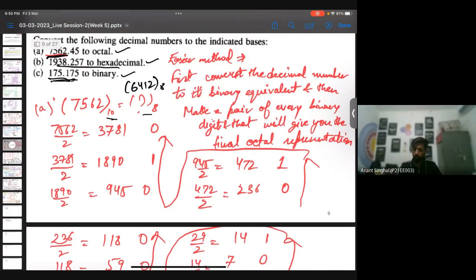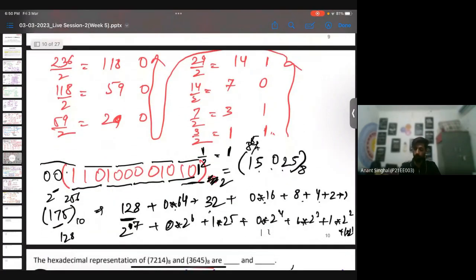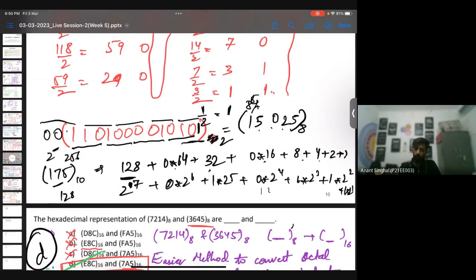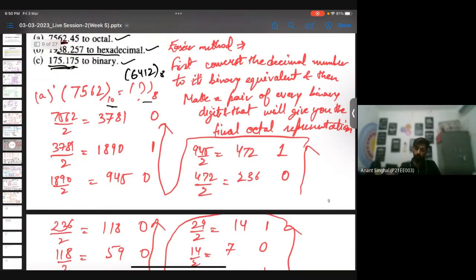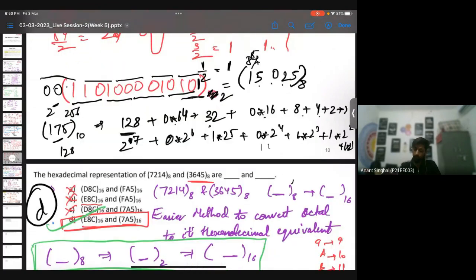This is what I wrote here. For binary, we know the method: we divide by 2 until we reach a final 0. So I did it and reached the result.